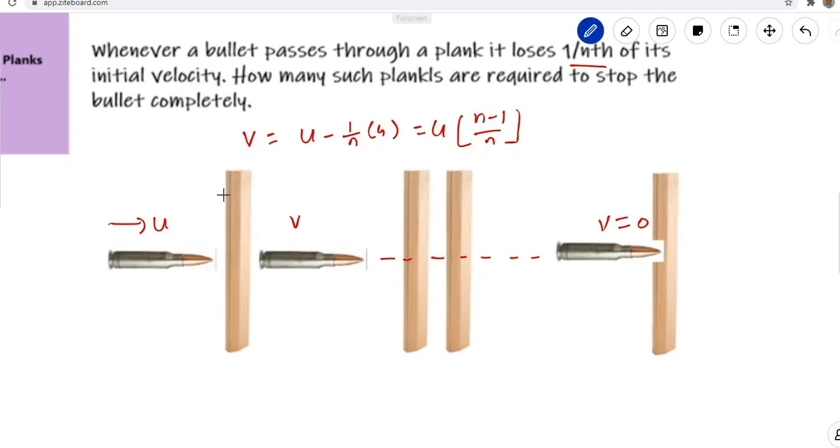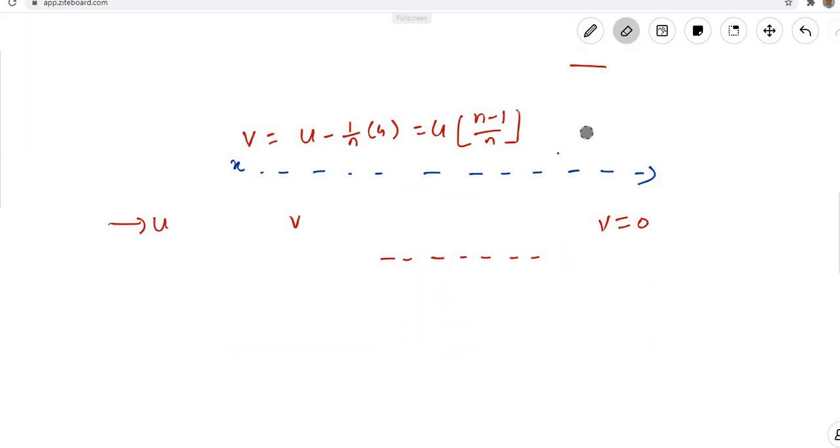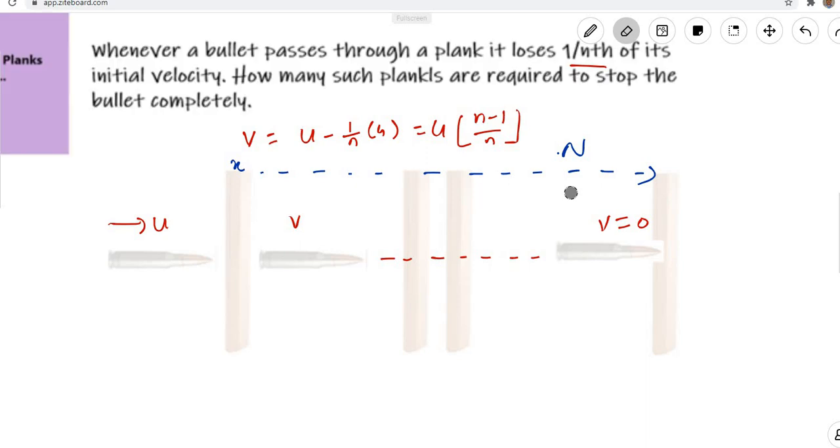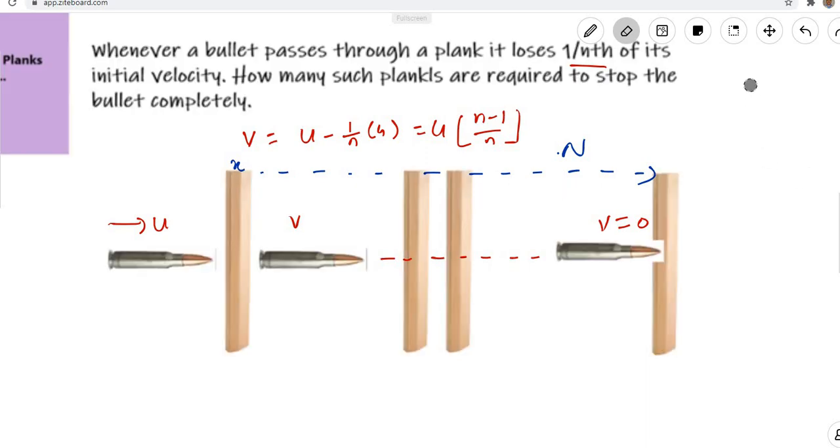So what we would consider is, let x be the thickness of each plank, and imagine that there are capital N number of planks.